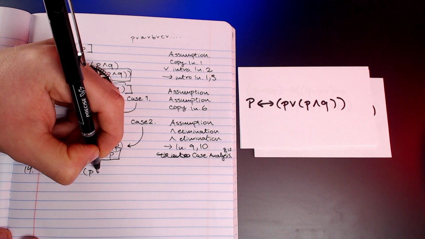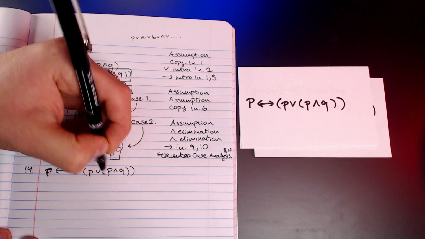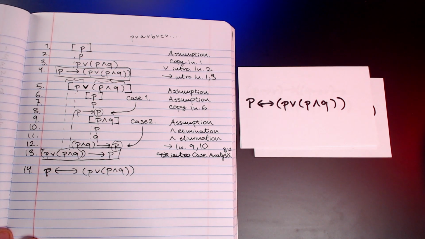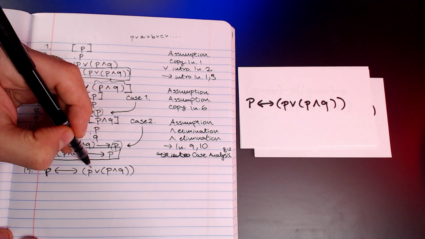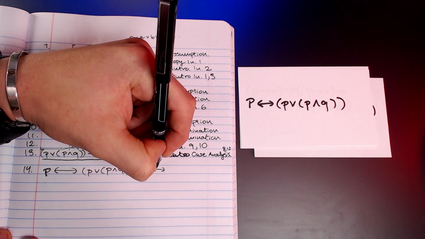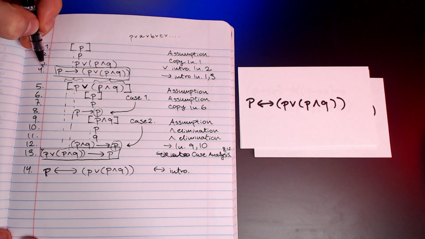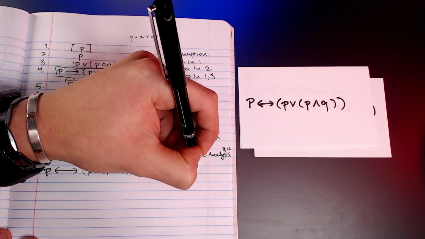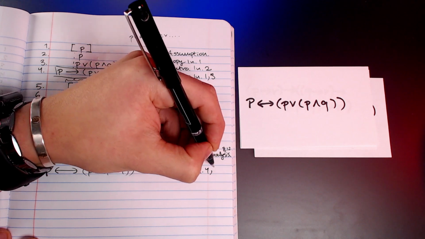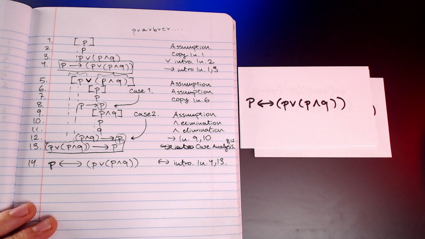So P if and only if P or P and Q. It's a biconditional introduction, line 4 and 13. Nice. Not bad.